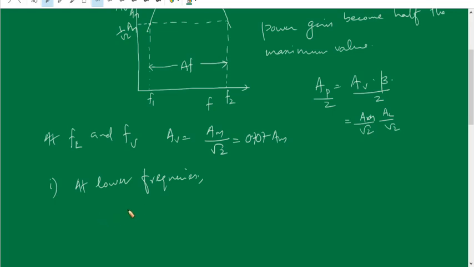We know that the reactance of a capacitor is given by 1 divided by omega C, where omega is the angular frequency of the signal, 2 pi f, and C is the capacitance of the capacitor used in the amplifier circuit. Okay, so there are many capacitors we are using in an amplifier circuit.